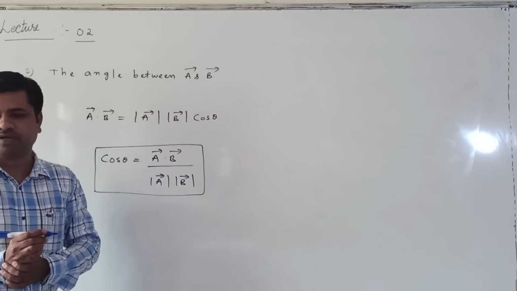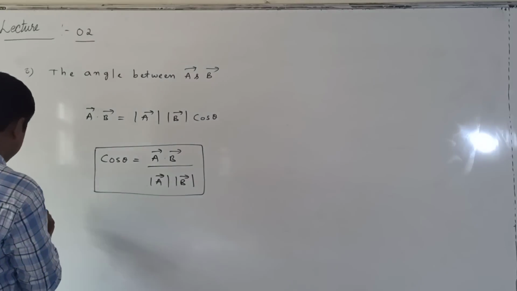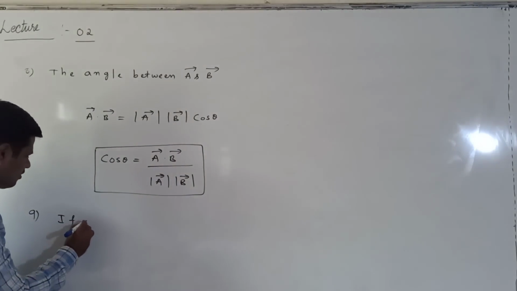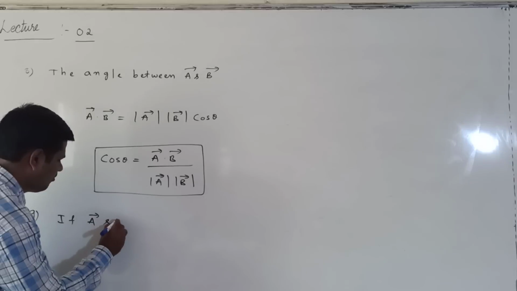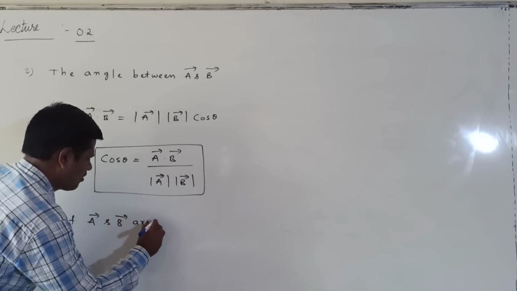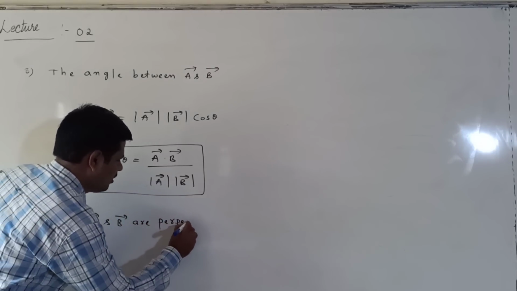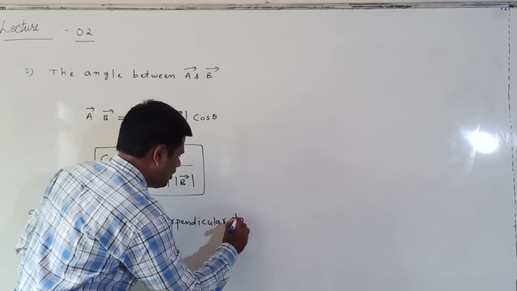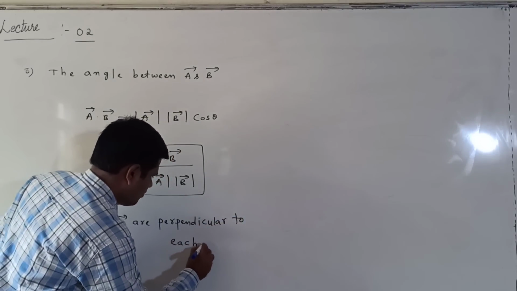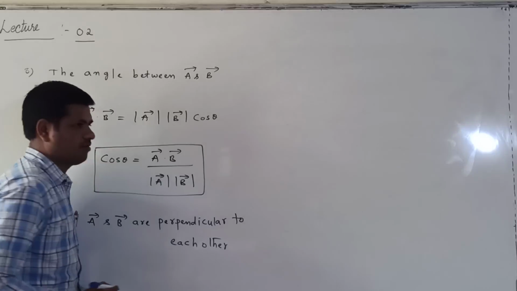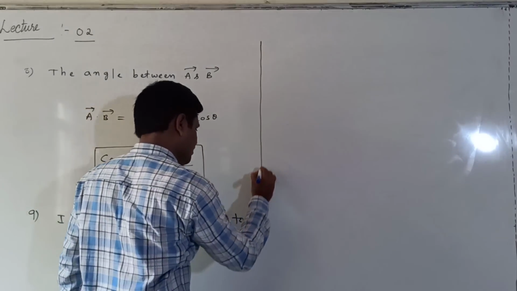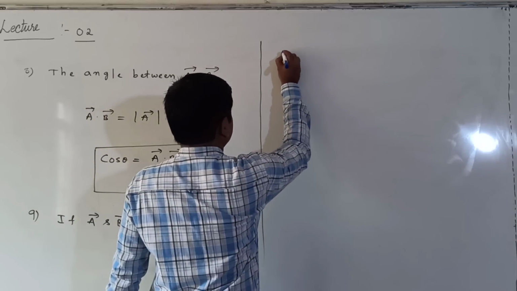This is the next property. If A bar and B bar are perpendicular to each other, how to write it?